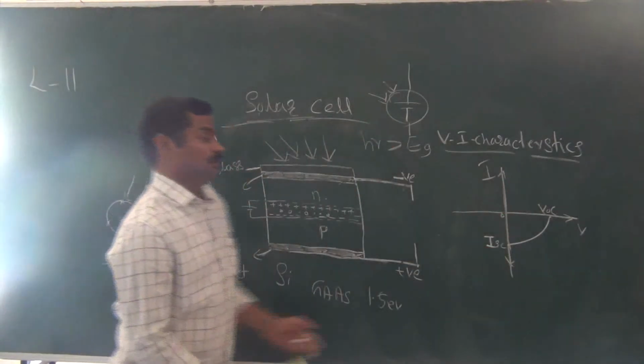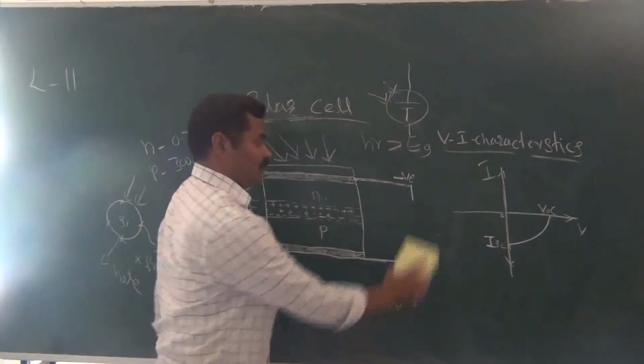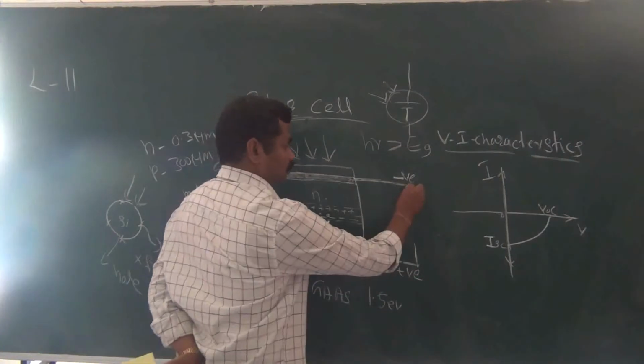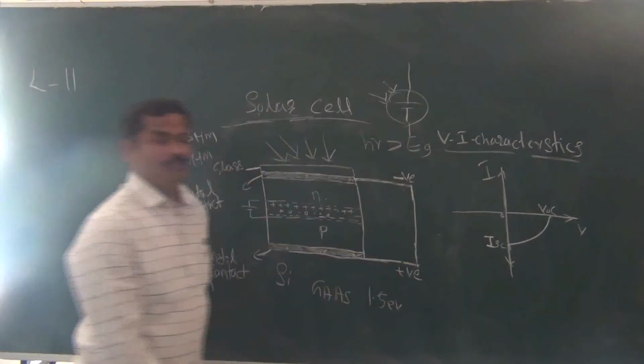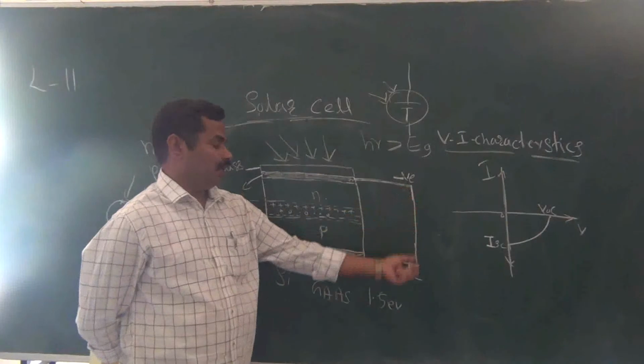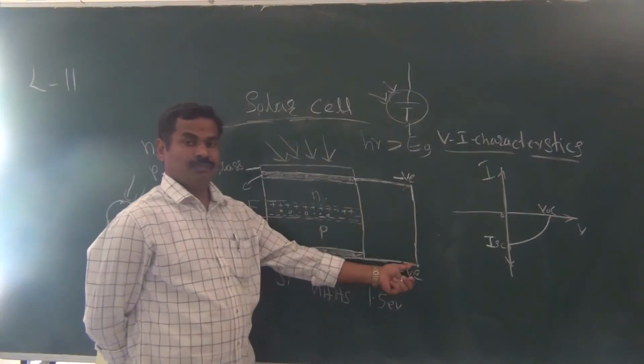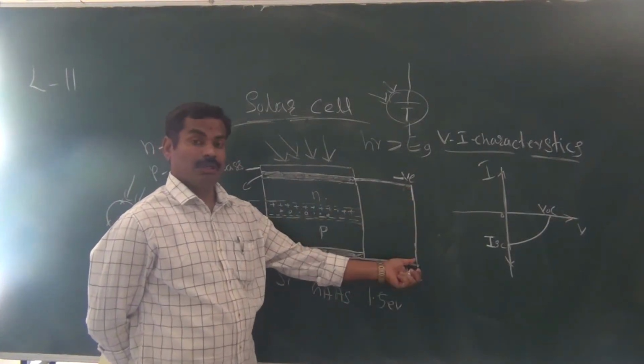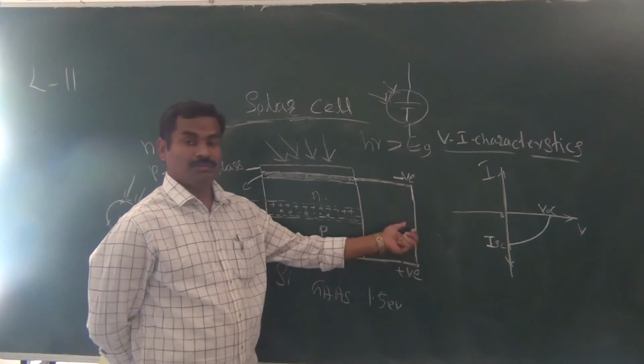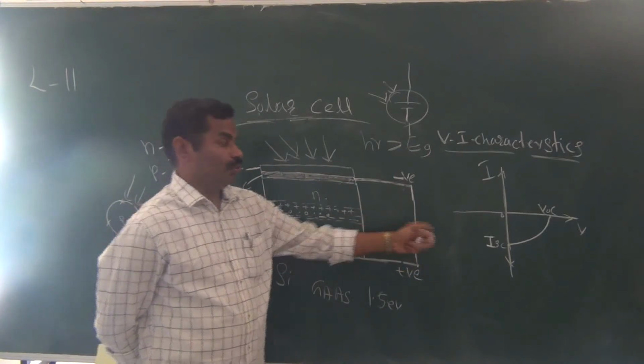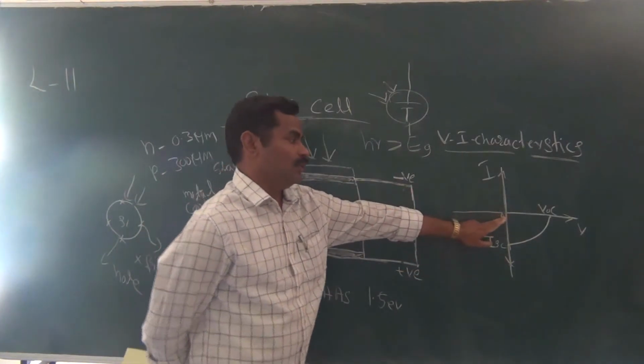And what about the ISC? You connect both ends, you make it short here. It means you are short circuited. Here what happens? No doubt you are having the maximum current, but the voltage will be zero.